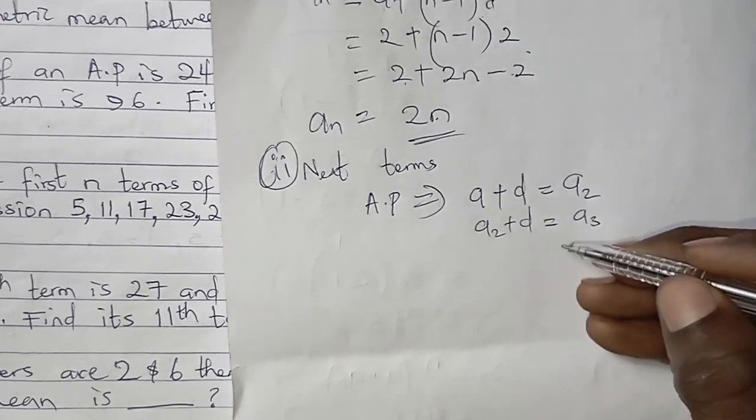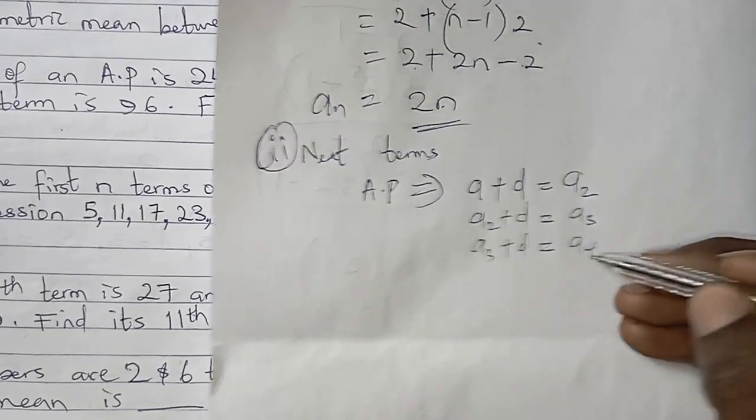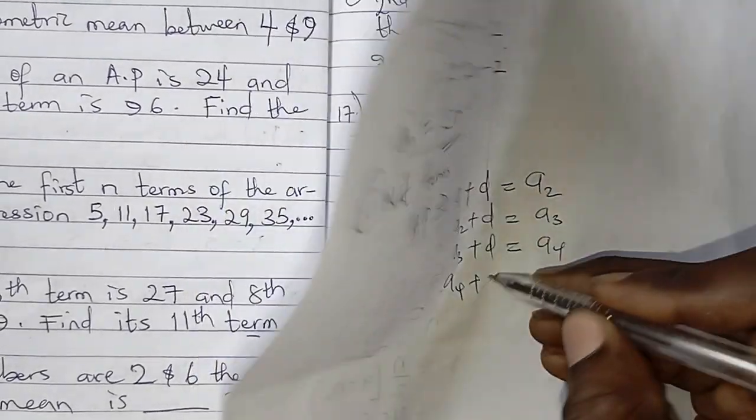So the next two terms, A3 plus D gives you A4. A4 plus D gives you A5.